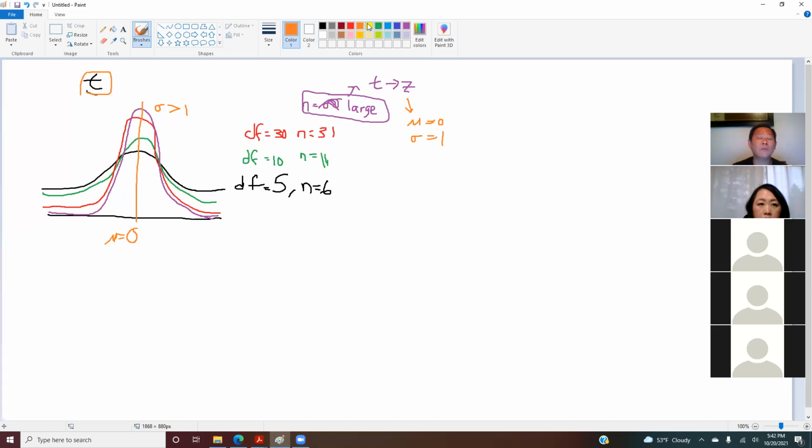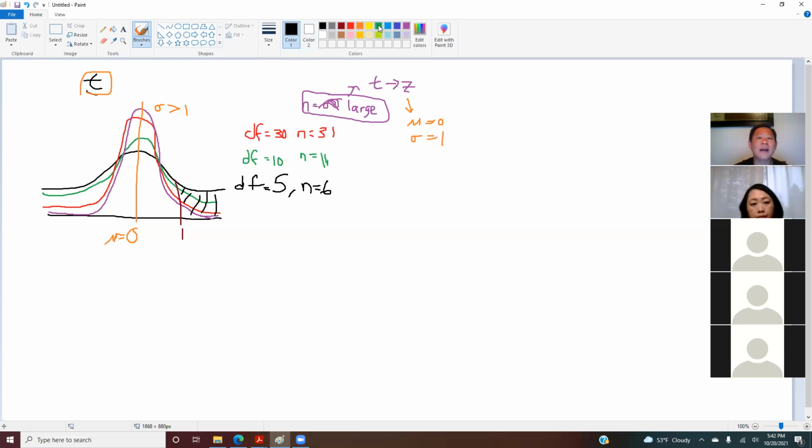When you find the percentage above 1, you draw 1 here and shade to the right. If you have a small sample size, look at this: your probability is a lot.